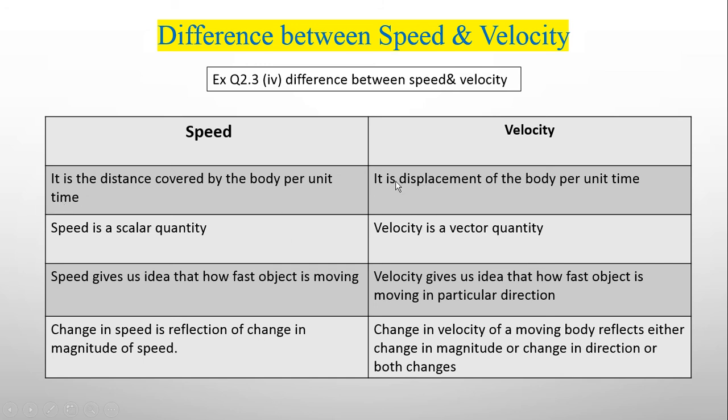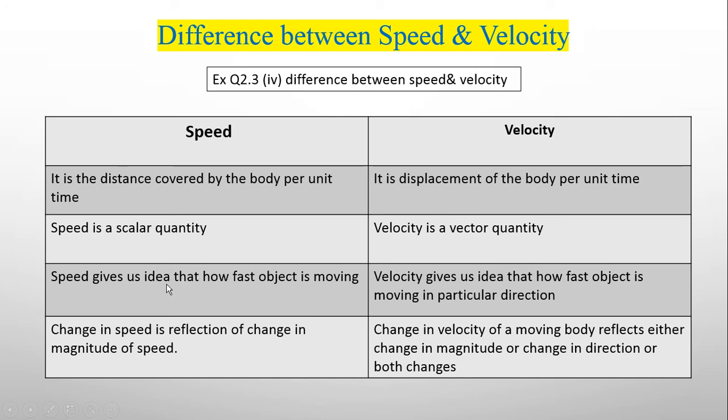For velocity, it is displacement of body per unit time, or you can say rate of change of displacement is called velocity. Speed is a scalar quantity. You are only concerned with the magnitude of speed. Velocity is a vector quantity. You are concerned with magnitude as well as direction of velocity.